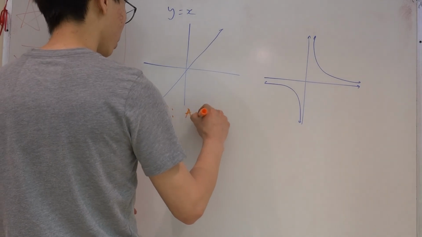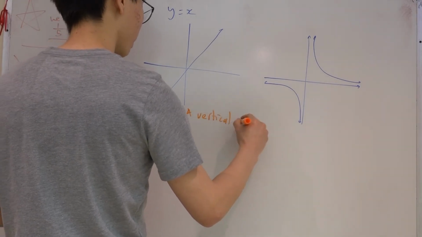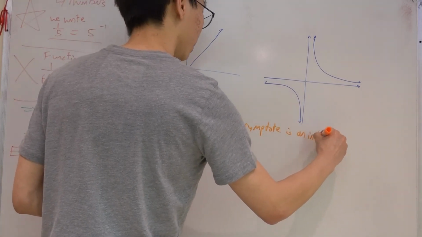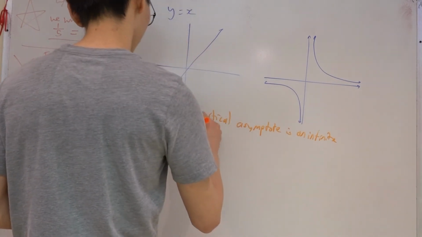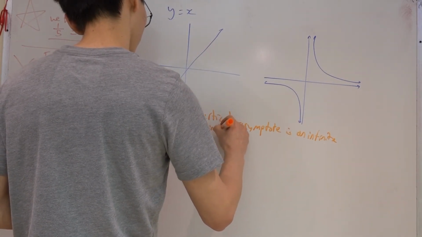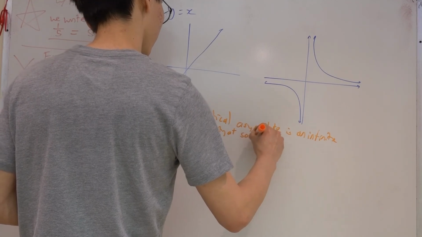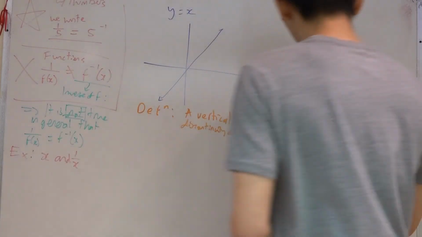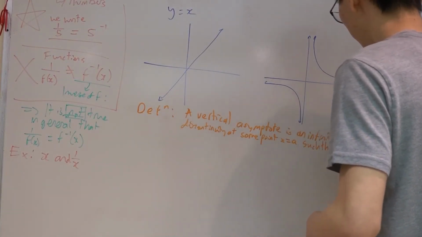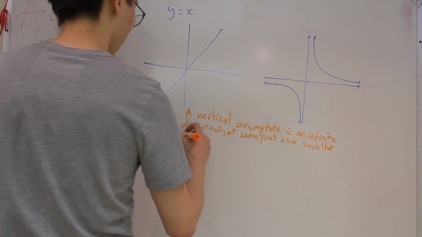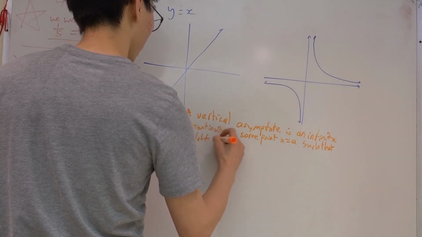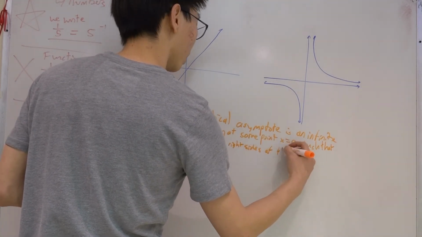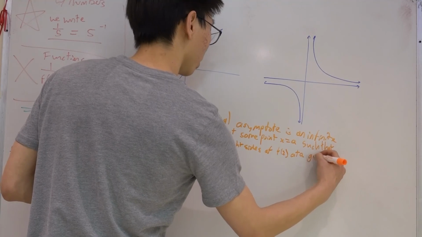So definition, a vertical asymptote is an infinite discontinuity at some point x equals a, such that the left and right sides of f at a go to infinity.